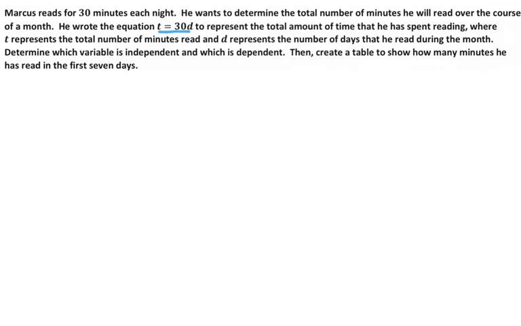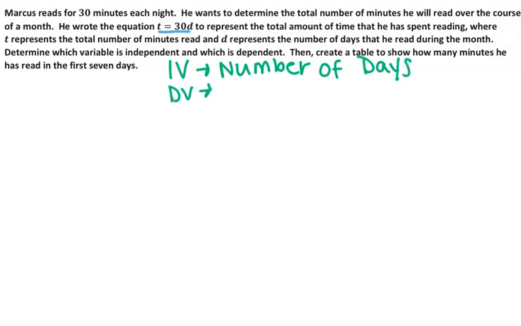So our independent variable is going to be number of days and then our dependent variable is total minutes. And that's our dependent variable because the total minutes that he has read is going to depend on how many days he read.